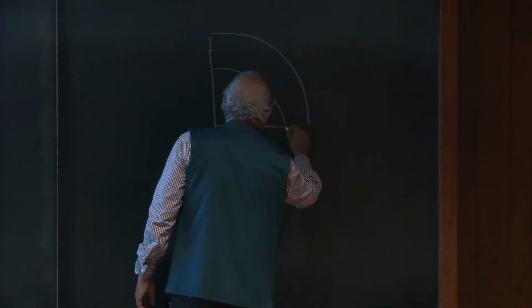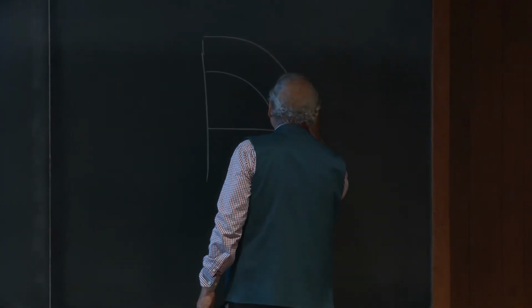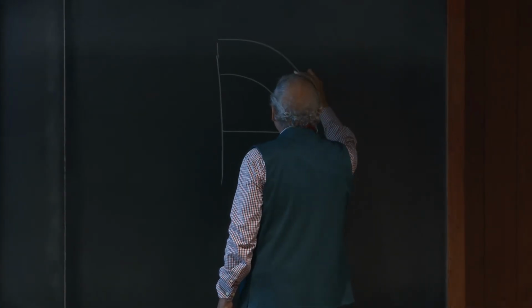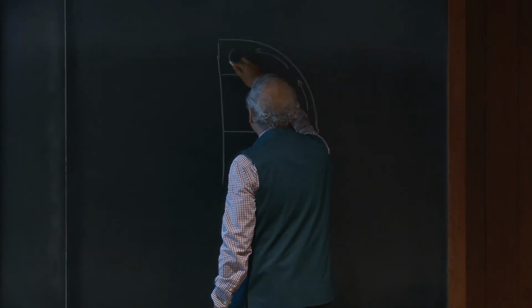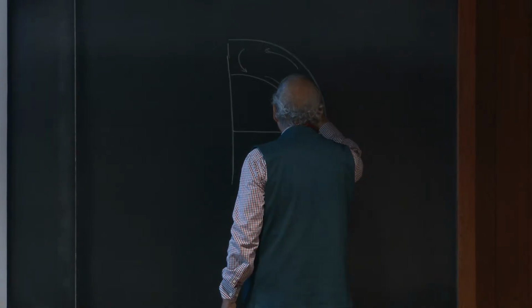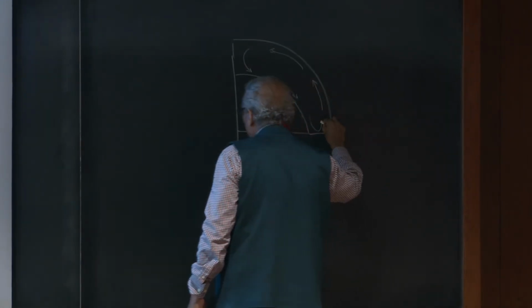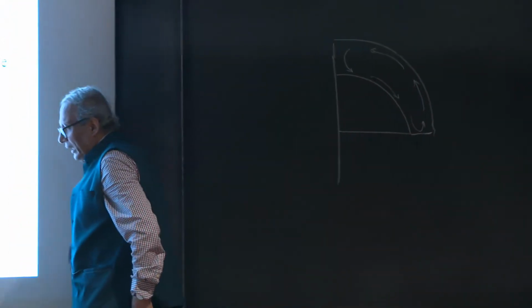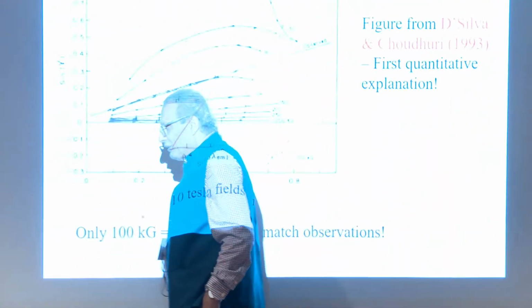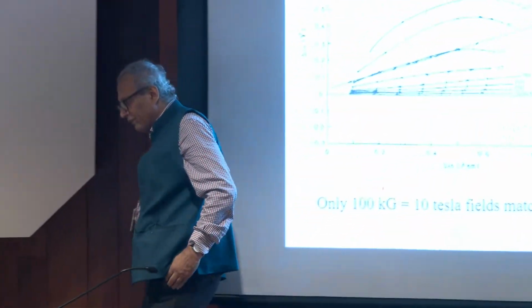this is the convection zone of the sun, and we know that there is a plasma flow going like this and coming like this. This is called the meridional circulation, and in this flux transport dynamo model, which some of us developed, this meridional circulation plays a very important role, and the period of the sunspot cycle is determined by it.